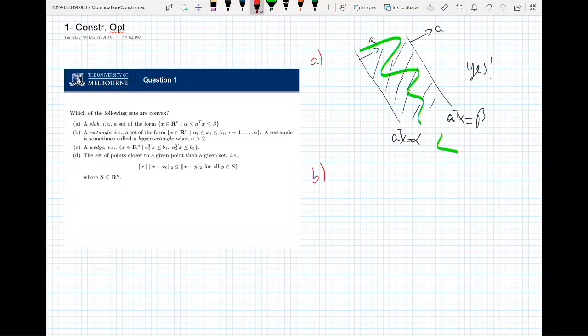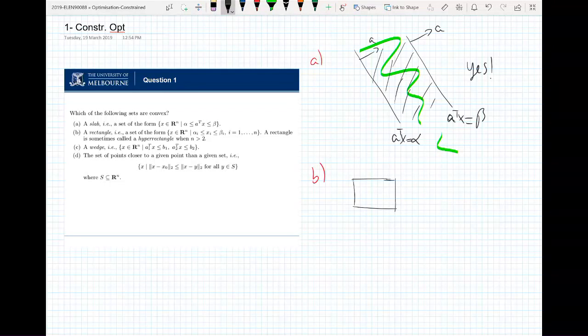A rectangle of the form, again, this is a hyperrectangle because it's in n-dimensional space. Is it convex or not? It is like a rectangle. I'm showing it in 2 dimensions, but obviously the n-dimensional version will be that.